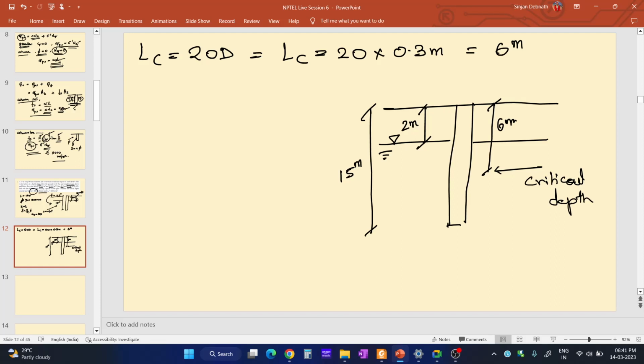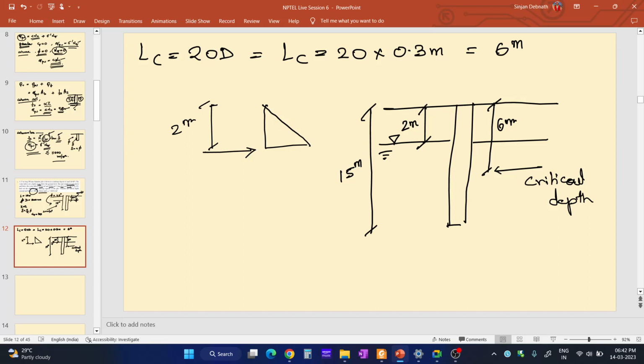Okay. So let me just find out the overburden pressure along the depth of the pile. What is the overburden pressure starting from here till the 2 meter depth? At the top, overburden pressure is 0.